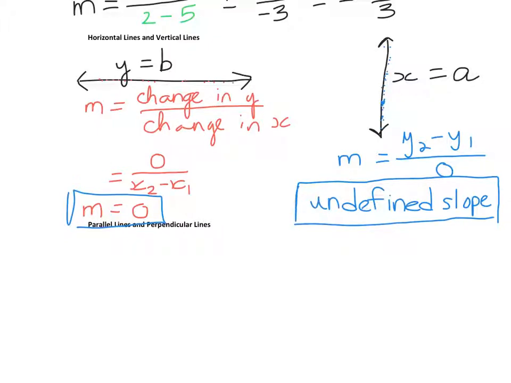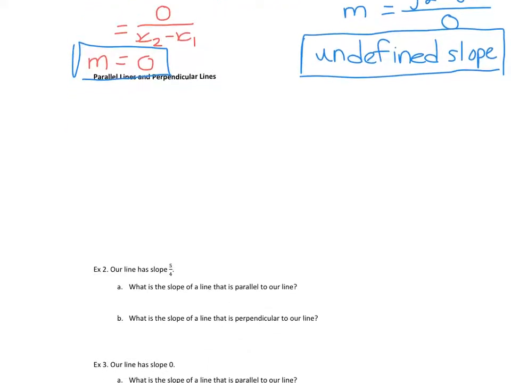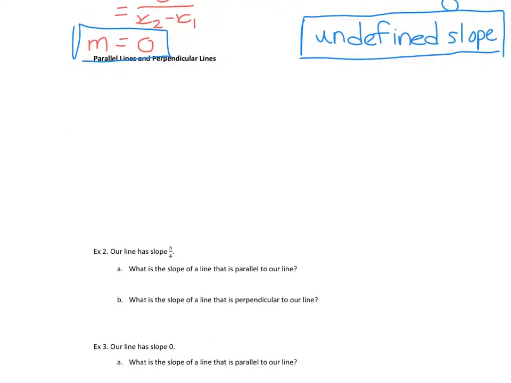Continuing on, parallel and perpendicular lines. Parallel lines never intersect. They run right next to each other forever and ever, never intersecting. Another way of visualizing that is that they have the same steepness. That's why they never intersect.